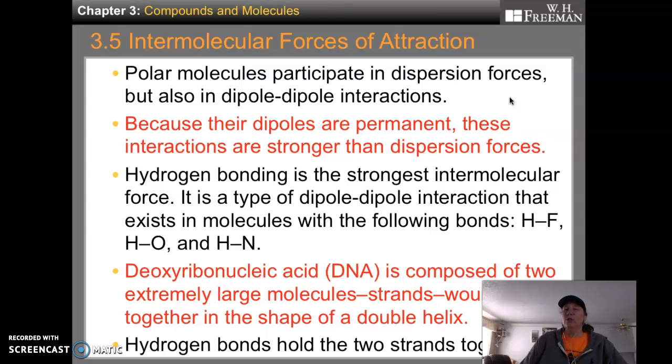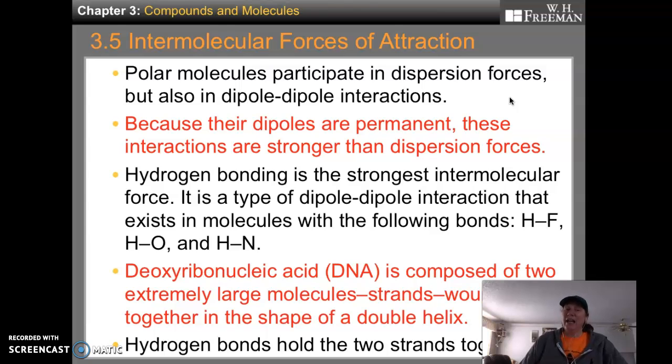And then there's a special kind of dipole, it's hydrogen bonding. Hydrogen is a very small atom. It only has one electron, so it forms a special dipole that's even stronger than a regular dipole. Okay, so you can have dispersion forces, which all compounds have. You can have dipoles, which are much stronger if you have a polar compound.